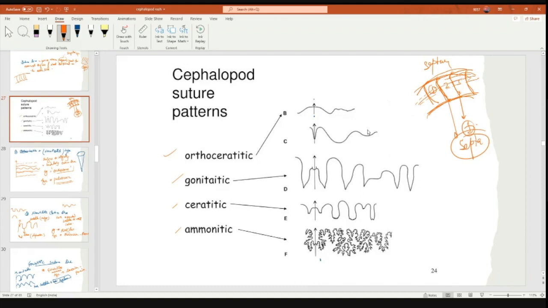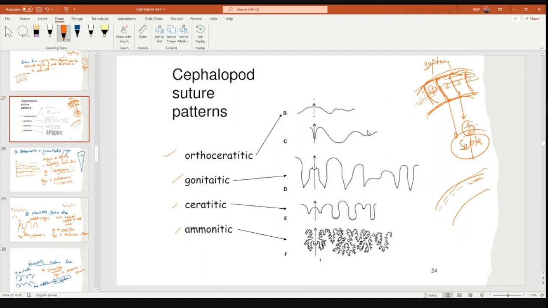But the siphuncle is not always in the center. In ammonoidea it is at the margin. If you see in this image, the siphuncle runs parallel to the shell, marginal or ventral, so not in every case is the siphuncle central.